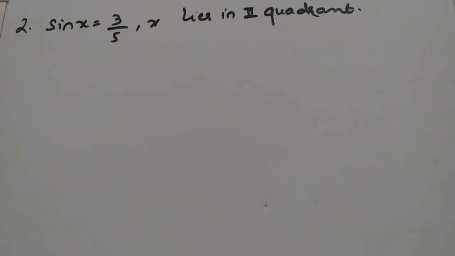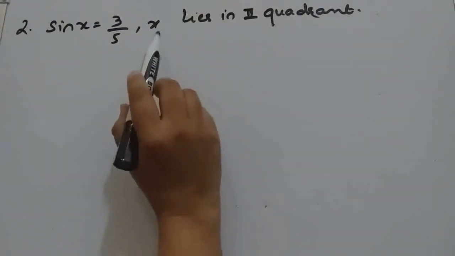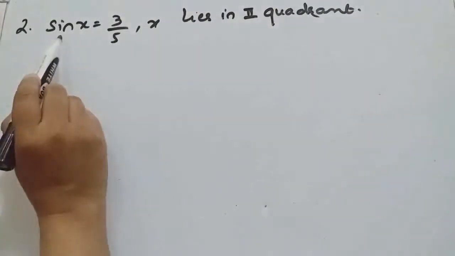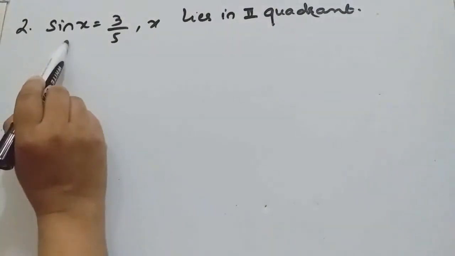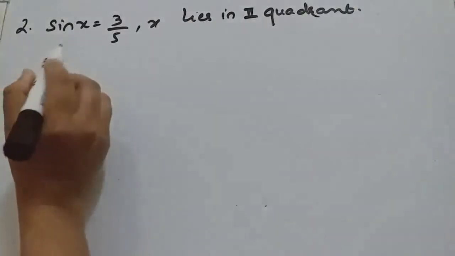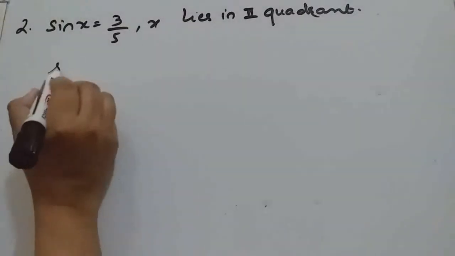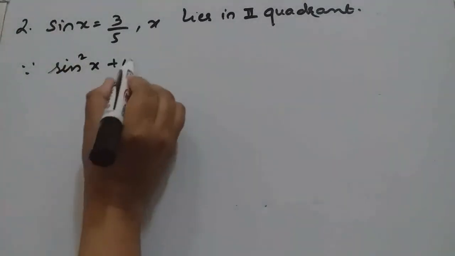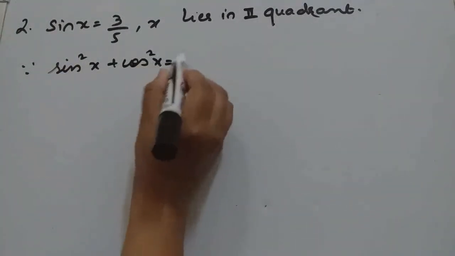Question 2: sin x is given as 3 by 5 and the condition on x is that x lies in the second quadrant. So again we know the sin x and cos x identity, the first fundamental identity: sin square x plus cos square x is equal to 1.